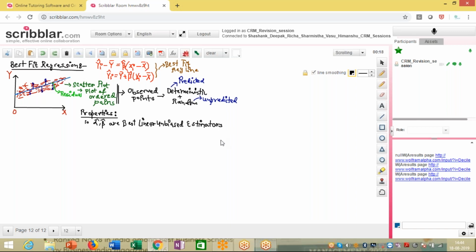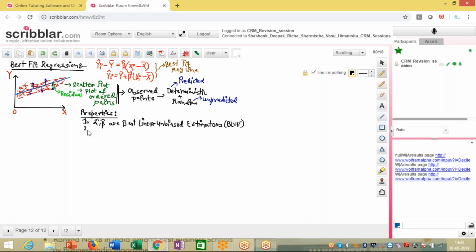Right, so over here alpha hat and beta hat are treated to be the best linear unbiased estimators, and that has to be tested. Whatever algorithm you used, the estimators you have estimated have to be the best linear unbiased estimators, or as we call them, the BLUE estimators.